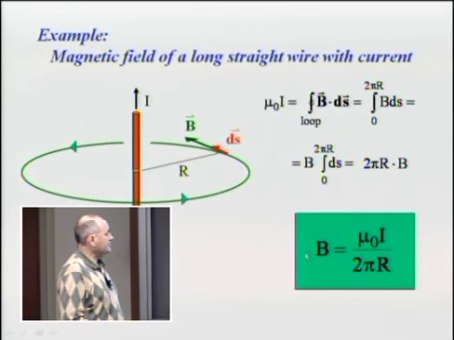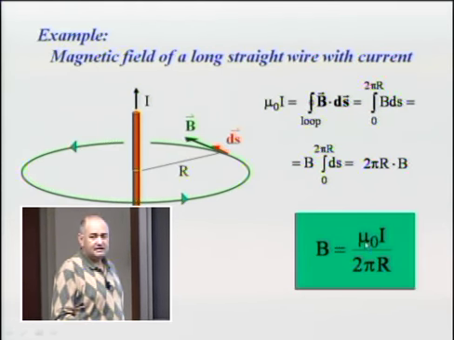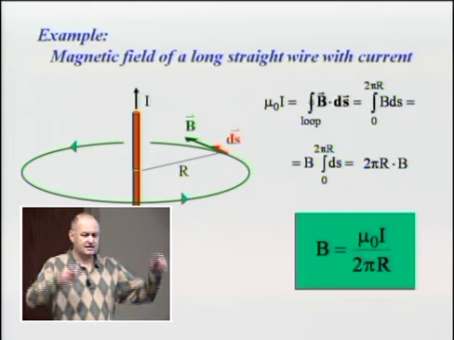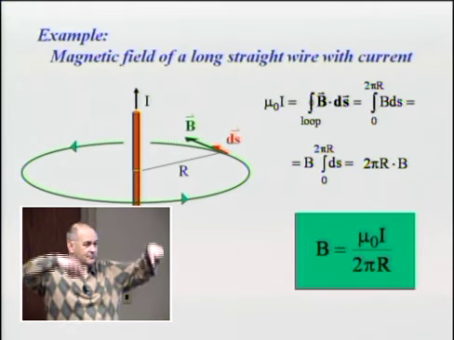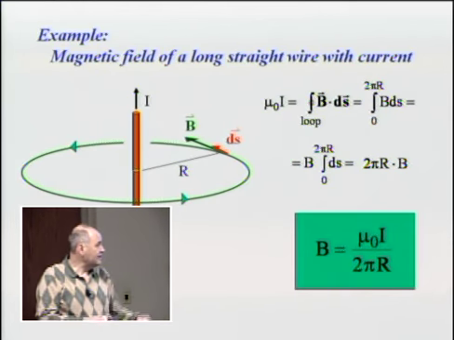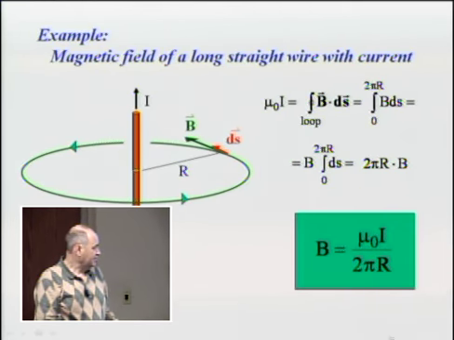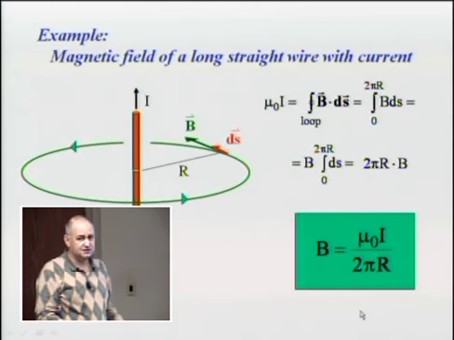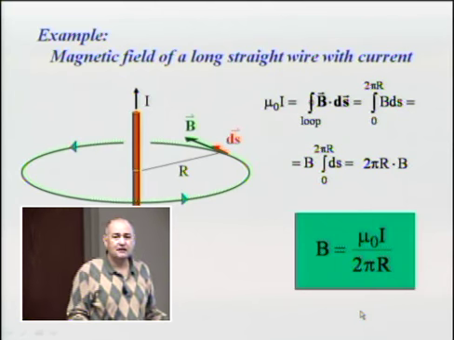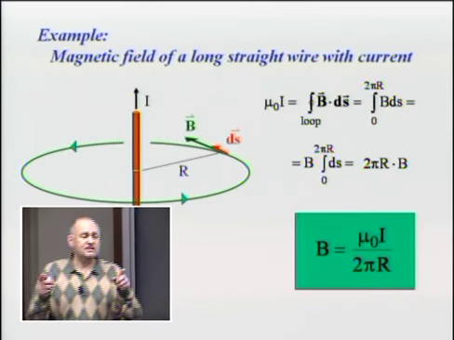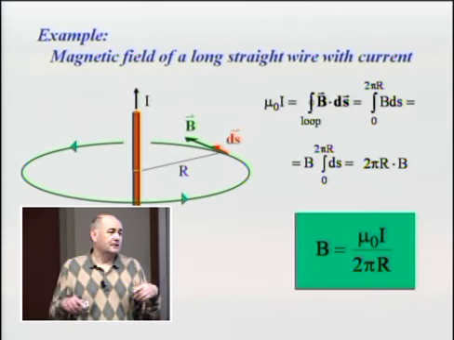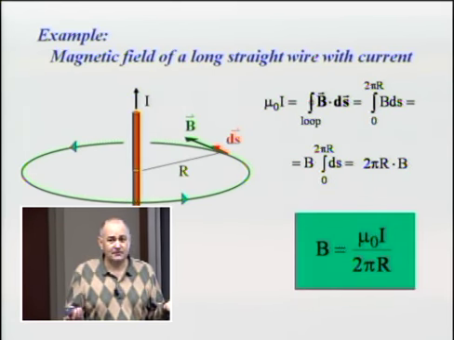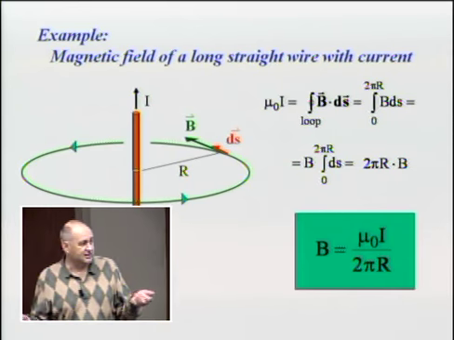If I take an arbitrary piece of wire about this long and connect it through the leads, the magnetic field strength at this location will be approximately equal to this expression. It is okay to use as long as the distance from the wire is small compared with the length of the wire. You can think about that wire as infinite.